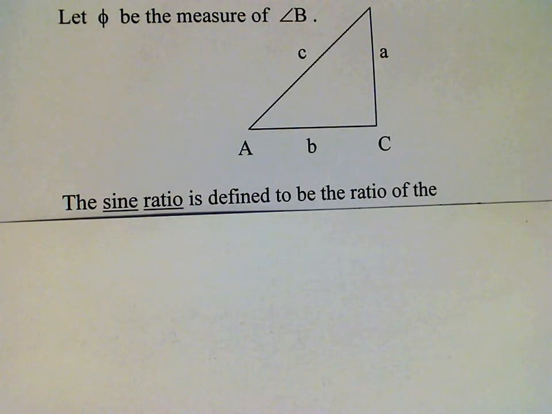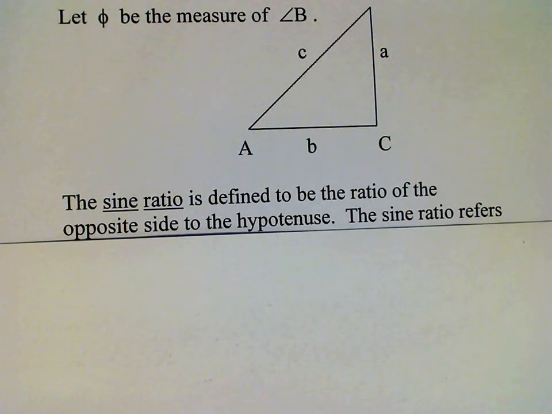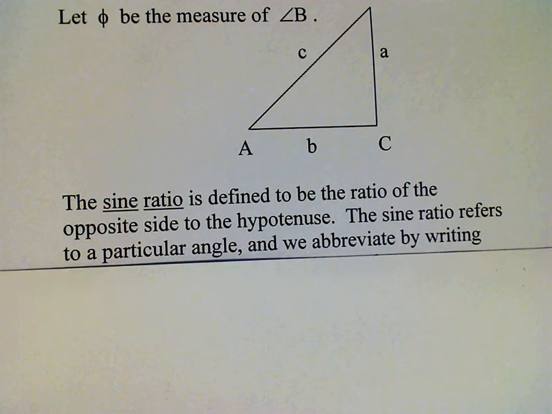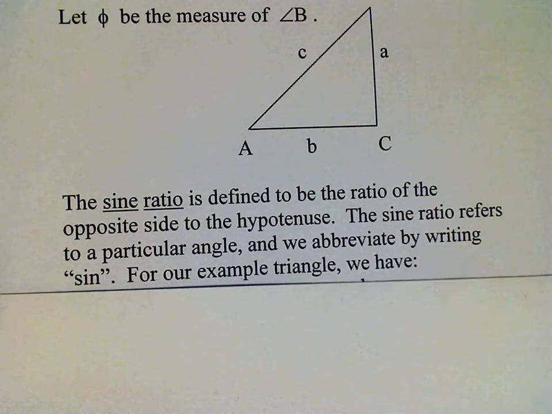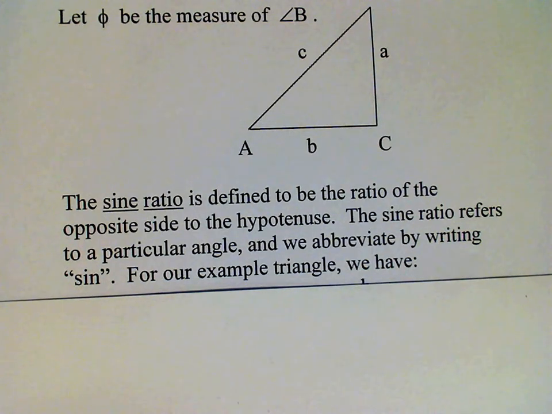Okay, so now the definition of the sine ratio. The sine ratio is defined to be the ratio of the opposite side to the hypotenuse. Okay, and we can abbreviate the sine ratio with sin. This is universally done.